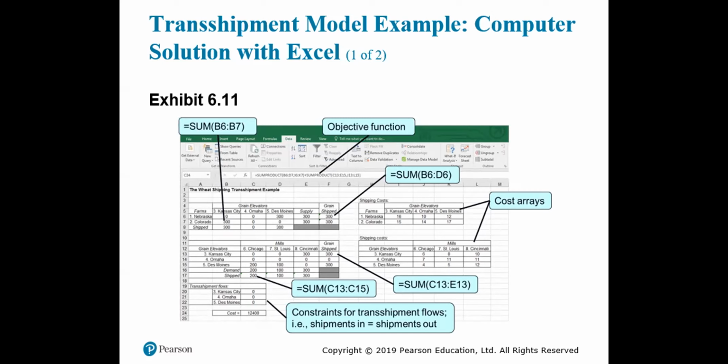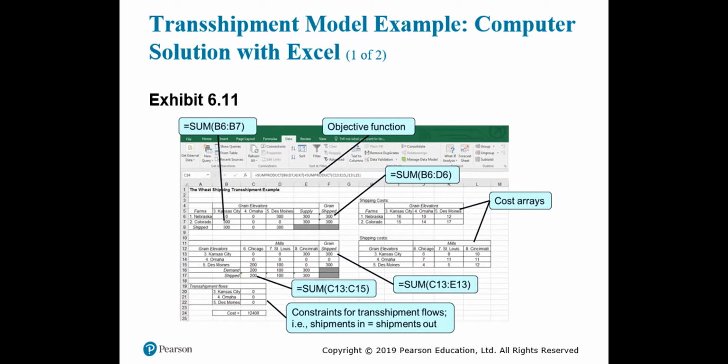The sum of what is here also should be equal to the grain shipped. So that's here. This plus that will give you this. Then, when we go to the transshipment also, whatever is at that station, we ship to the destination, which are the mills. So the same thing, we have our supply constraints, and then the demand constraints.